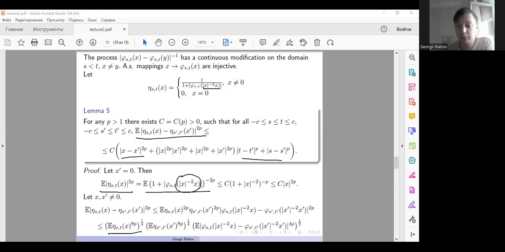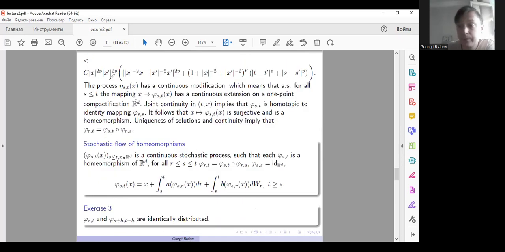We know how to estimate this quantity, and this quantity is estimated in theorem 2. We get the product of x and x prime. This comes from the estimates of eta. And the bracket is the estimate of the increment of phi.